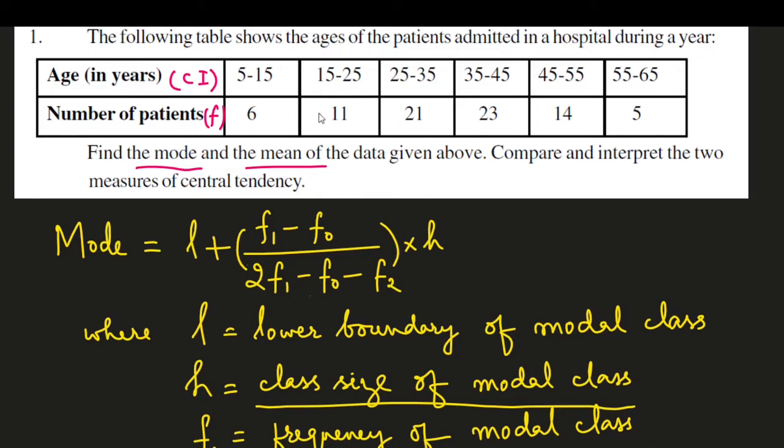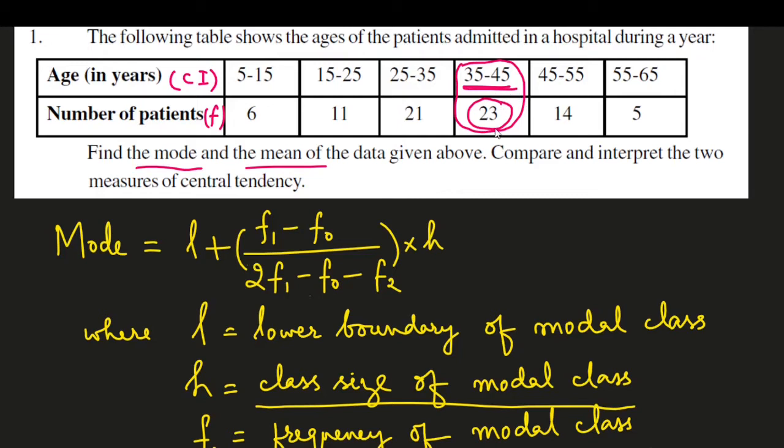See here, the frequency 23 is the highest frequency. So the corresponding class interval, this 35 to 45, is the model class.